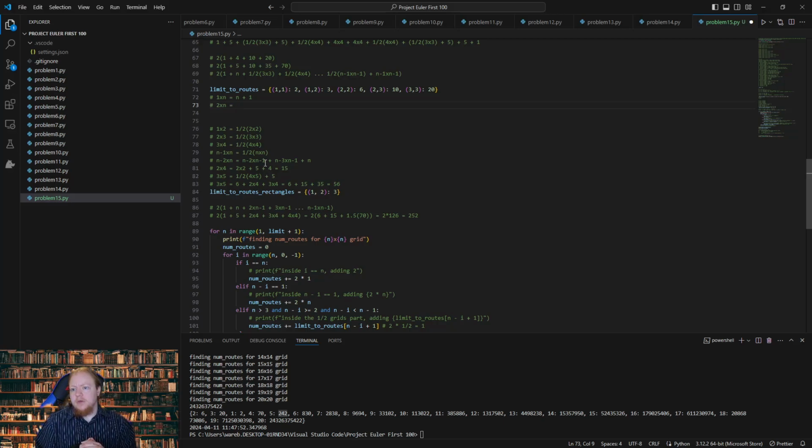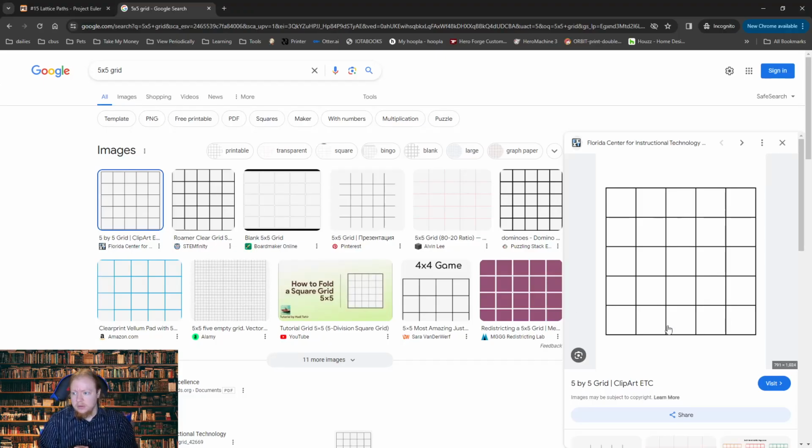Because a 2 by n is not... Like in the case of 2, 3, it's trivial because it's just half of 3, 3. But for 2, 4, it would be like our 2, 4 here. It's 1, 2, 3, 4, 5.